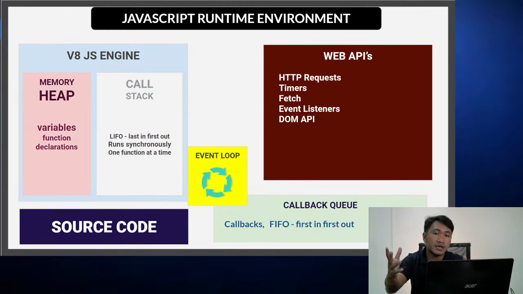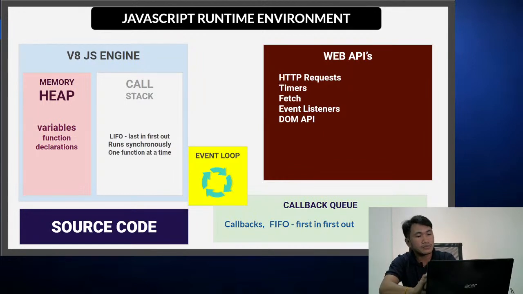We will be discussing that later on. I will be discussing each of the elements right now. On the blue one in the bottom left corner we have our source code, the program code that we have.